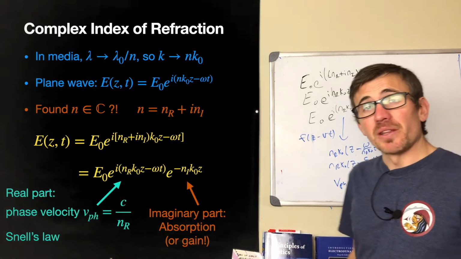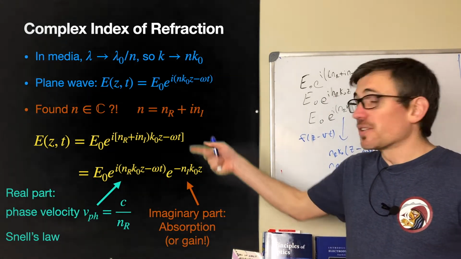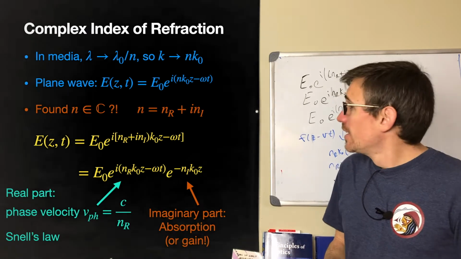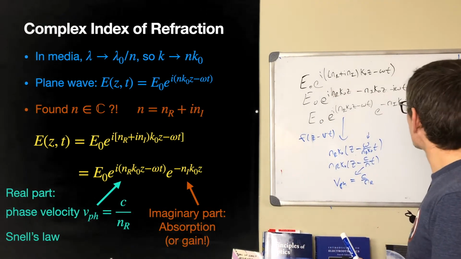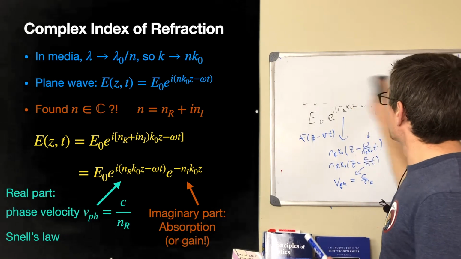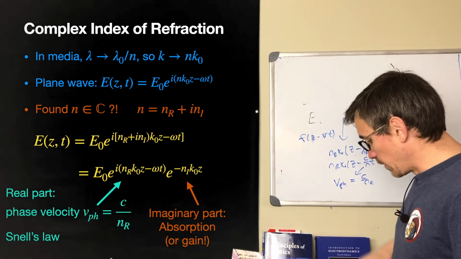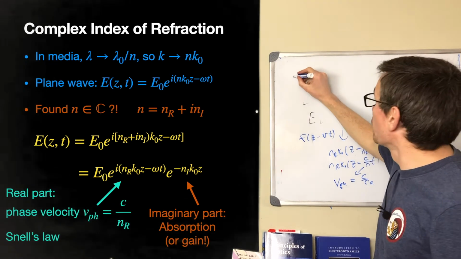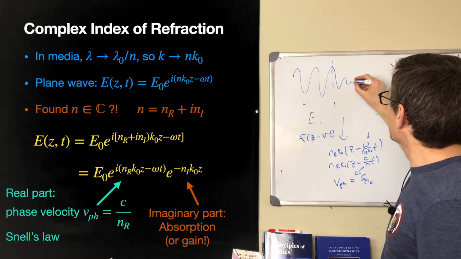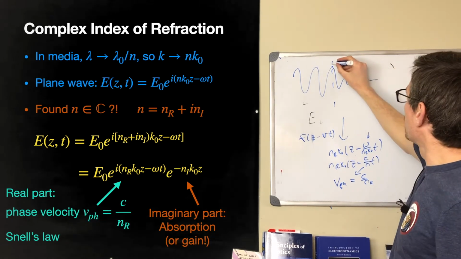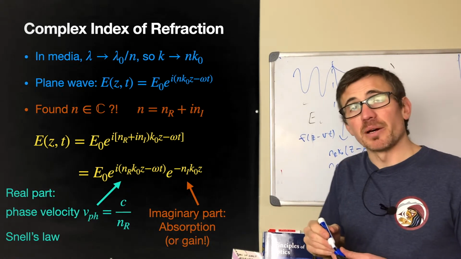The imaginary part of the index of refraction, on the other hand, will give us the absorption, the attenuation of the field. So in fact, it's going to do something like this as it goes through an interface. Not only will the wavelength reduce because of the real part, it will actually get smaller in amplitude and die out exponentially, and that's governed by this imaginary part.